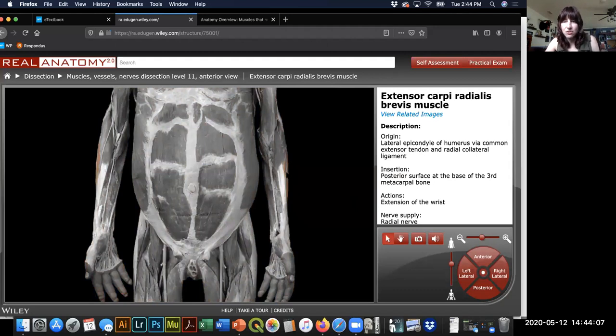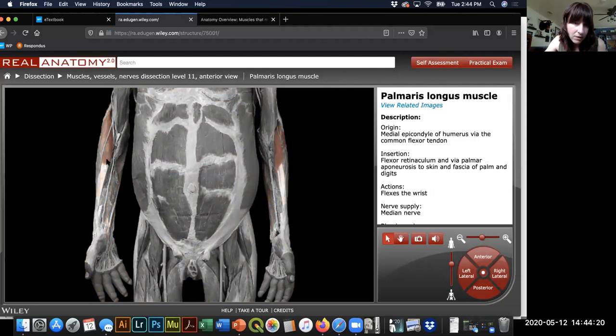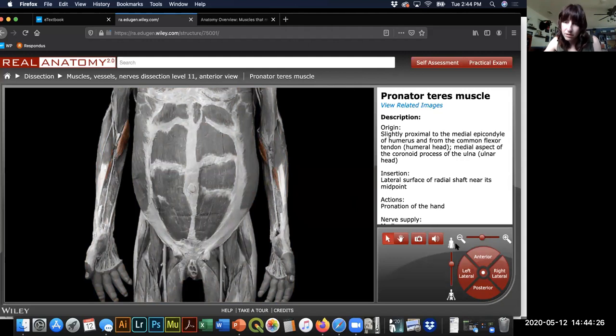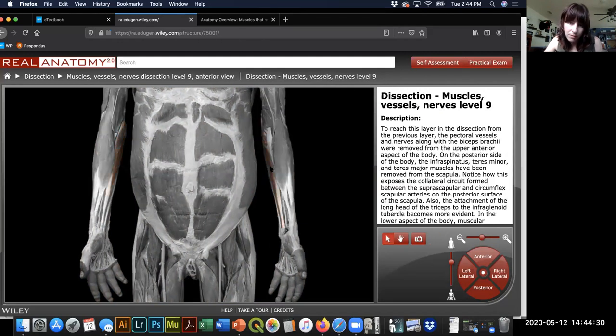Okay, so the extensor carpi radialis is here, and the flexor carpi radialis should be Palmaris longus. There we go. Extensor, nope, I want the flexor because it's dissected away. Okay, here we go.